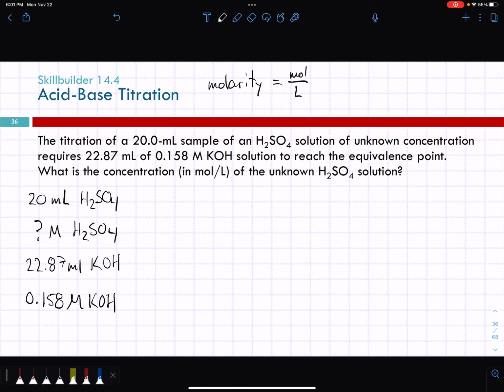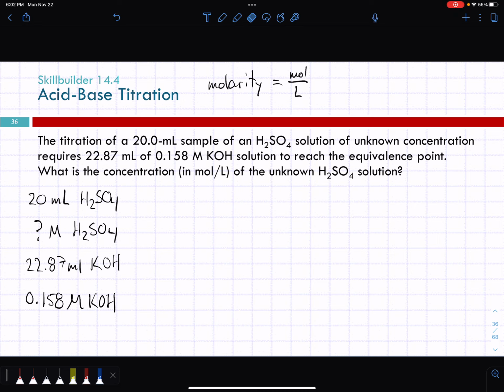You might be tempted to use M1V1 equals M2V2. Don't, it won't work, especially on this problem. Because if we look at sulfuric acid, it has 2 hydrogens in front. It means it's a diprotic acid.